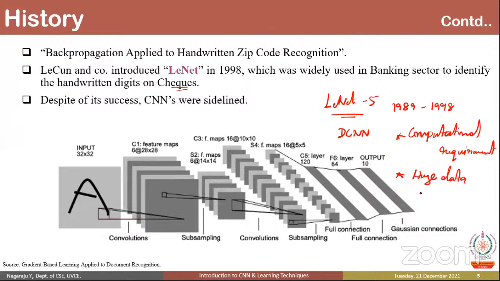At that time we had no datasets, so if you wanted to do research, you were responsible for collecting data. So there was the constraint of computational requirement, the constraint of huge data requirement, and one more thing, hardware problems. For example, nowadays we have very good GPUs.